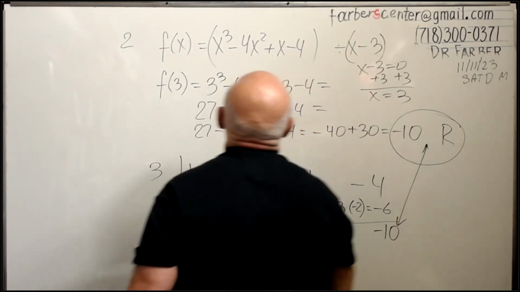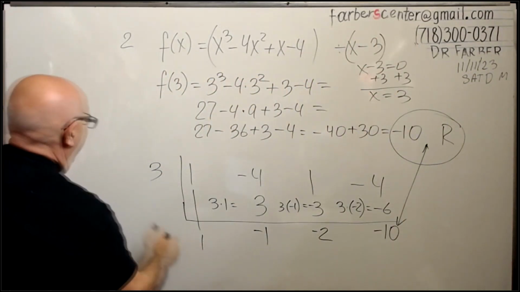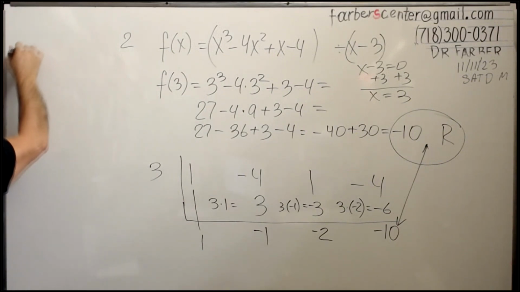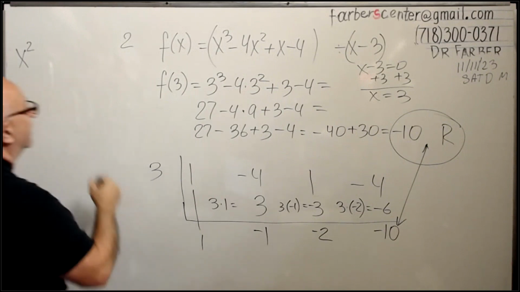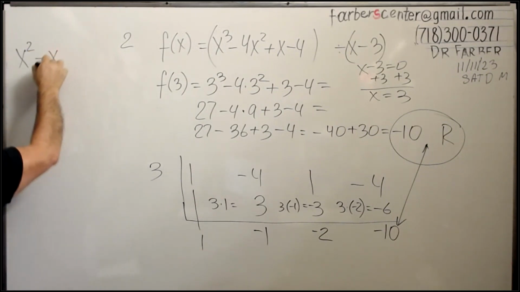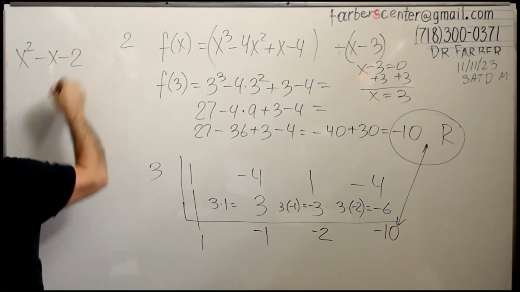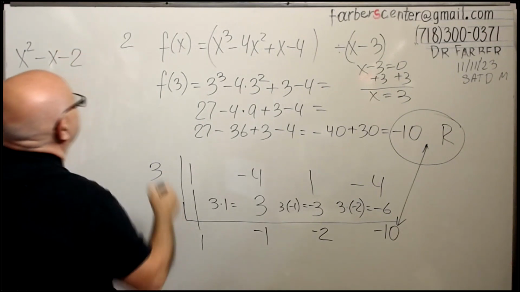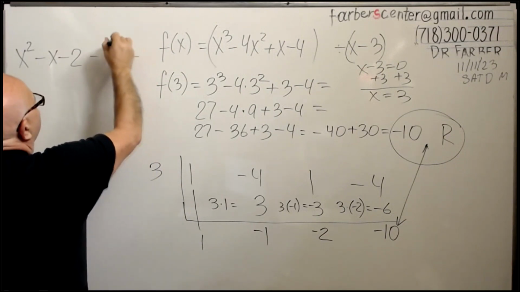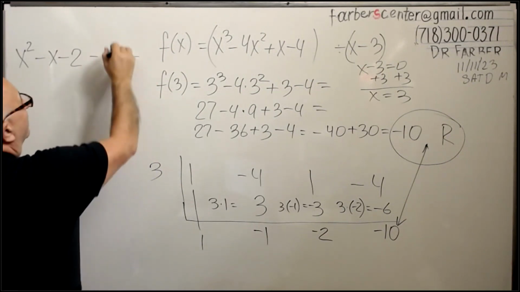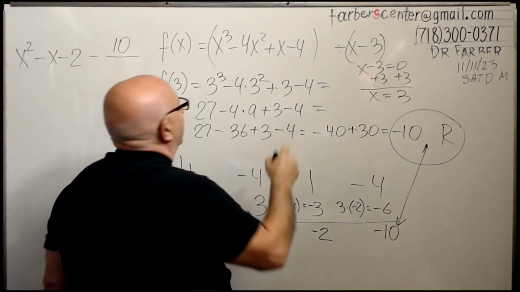So this would be x to the second minus x minus 2 minus 10 divided by x minus 2.